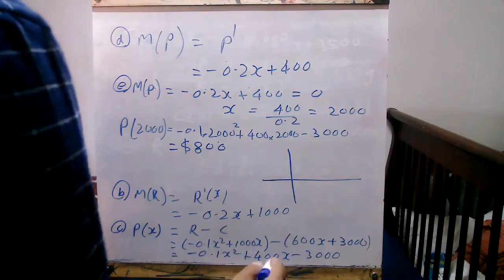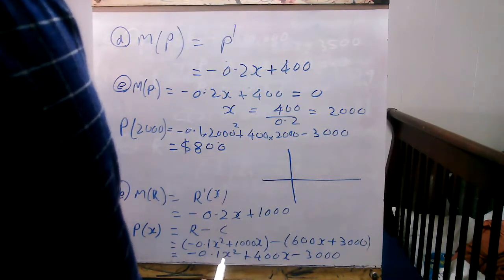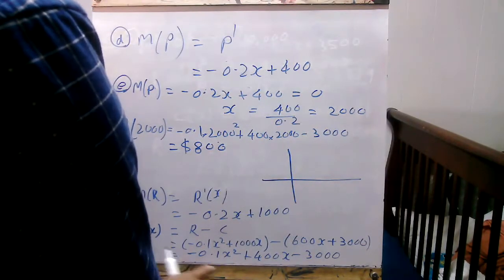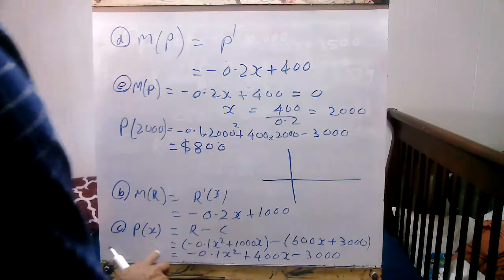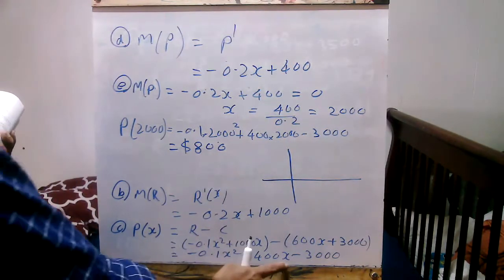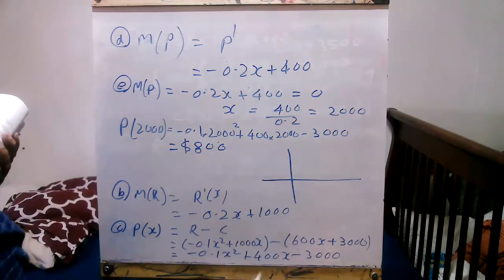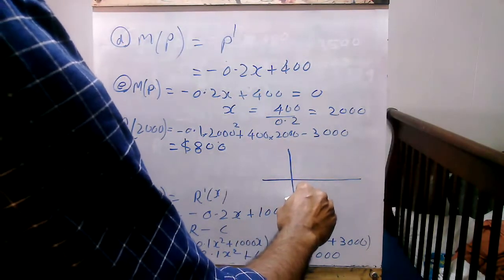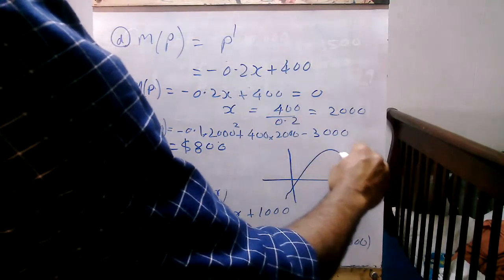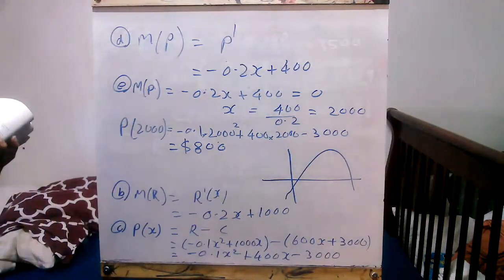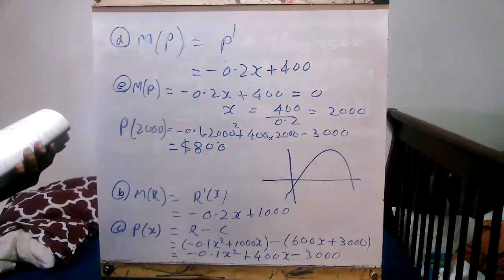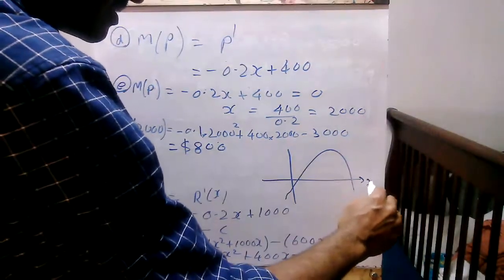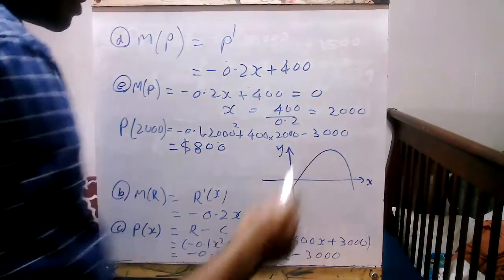you get an equation like, when x equal to 0, y-intercept, we get, when x equal to 0, this is 0, this is 0, it is negative 3000. In fact, it goes like this. Right now, this is x-axis and this is y-axis.